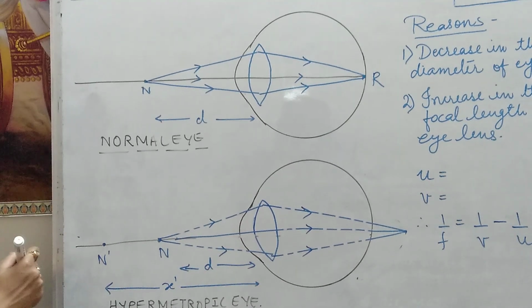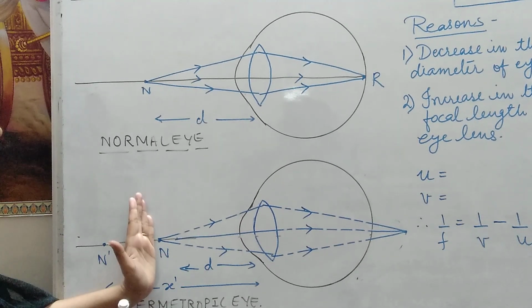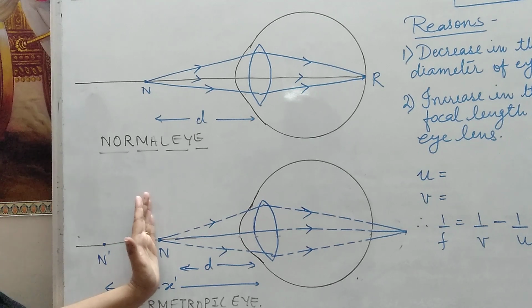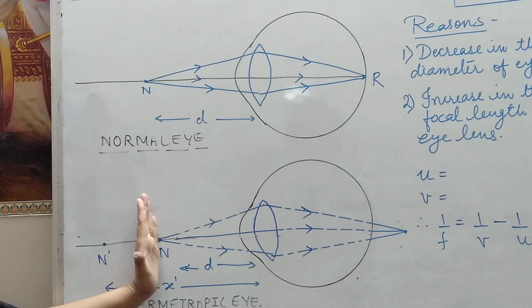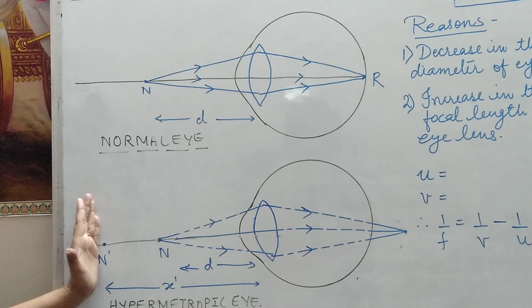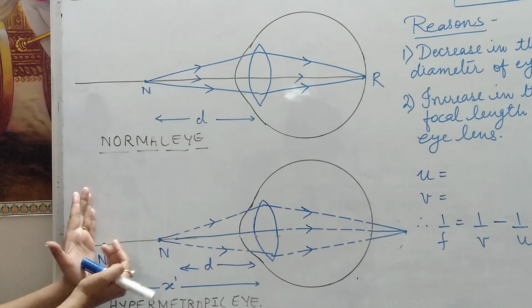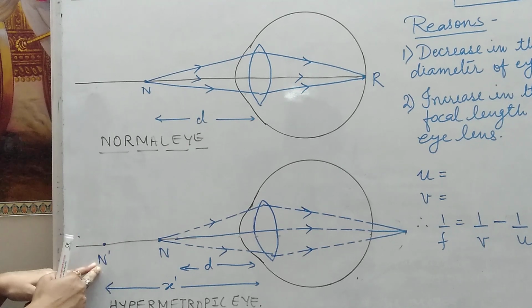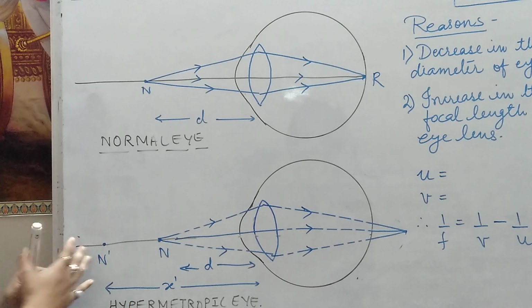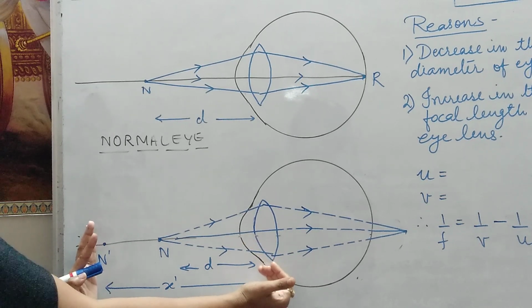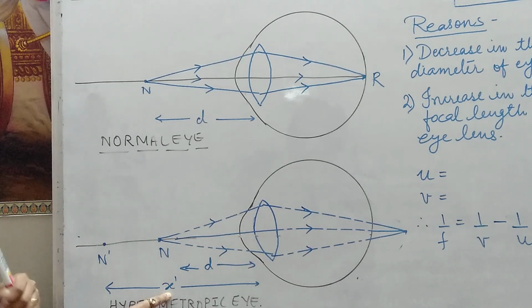So in this case what happens, suppose this was the near point of a normal person, and for a hypermetropic person the near point shifts away from the eye. So suppose now it is at n dash. Now this hypermetropic person cannot see the objects placed at this distance. So it is represented by x dash.